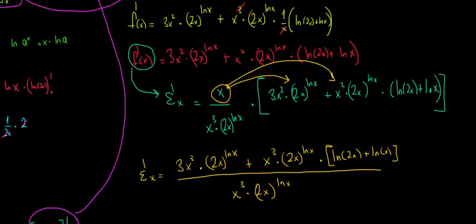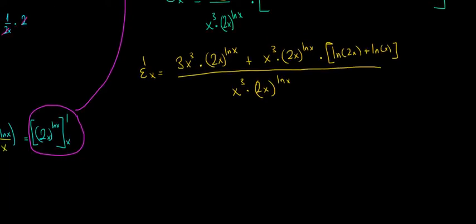Now what we can still do, we can write this fraction as a sum of two fractions with the same denominator, and we do so because we'll cancel something out.